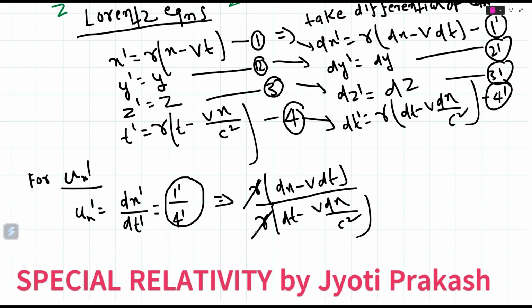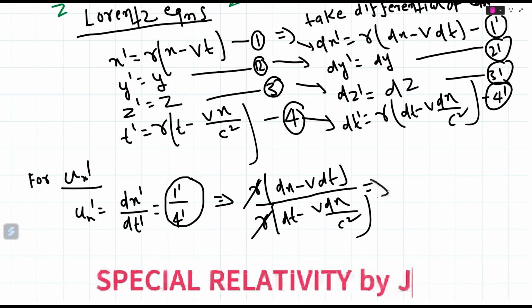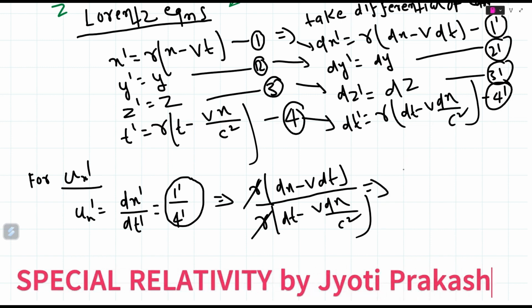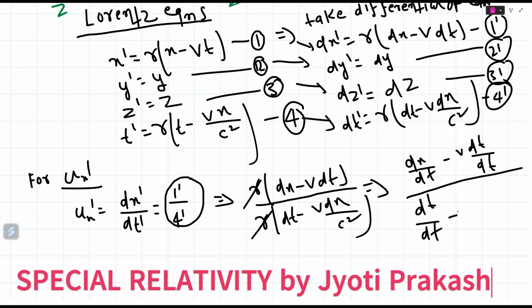Now divide numerator and denominator by dt. This becomes dx by dt minus v dt by dt, over dt by dt minus v by c square times dx by dt.